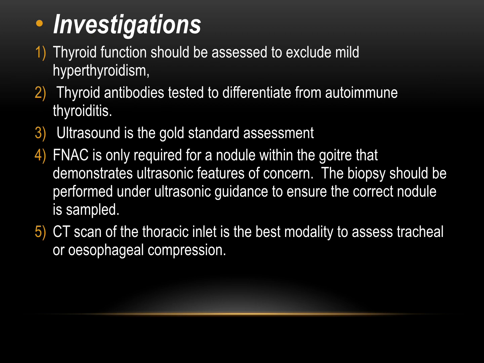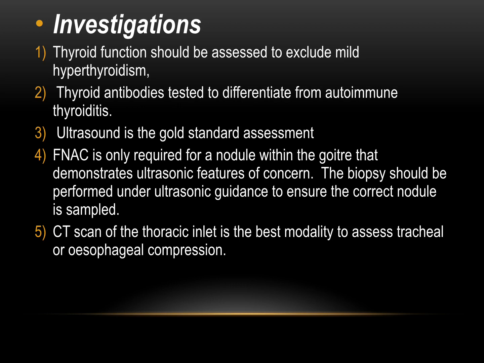Investigations. Thyroid function should be assessed to exclude mild hyperthyroidism. Thyroid antibodies are tested to differentiate it from autoimmune thyroiditis. Ultrasound is the gold standard assessment. Fine needle aspiration cytology is only required for nodules within the goiter that demonstrate ultrasonic features of concern.